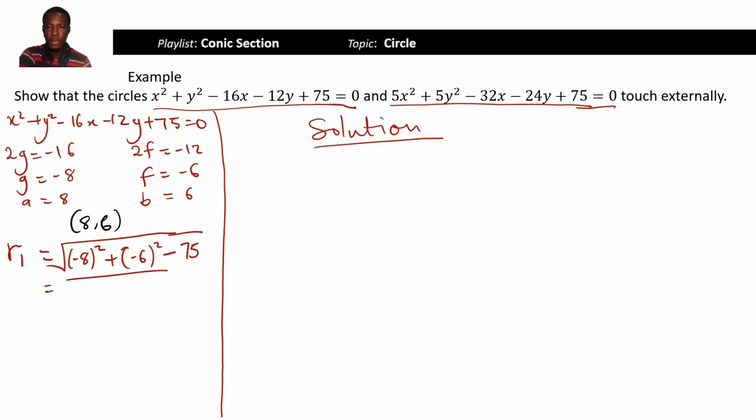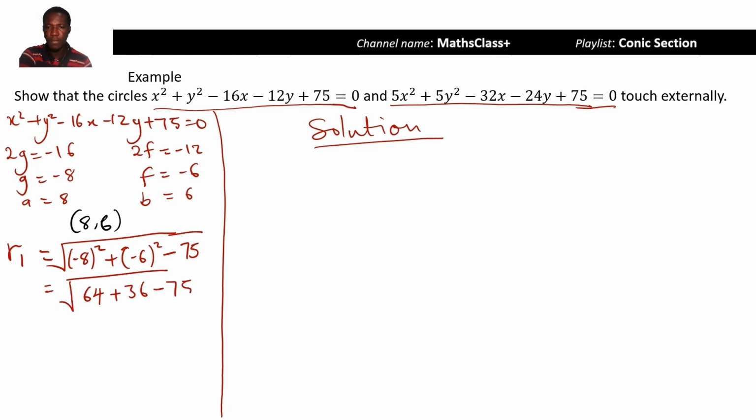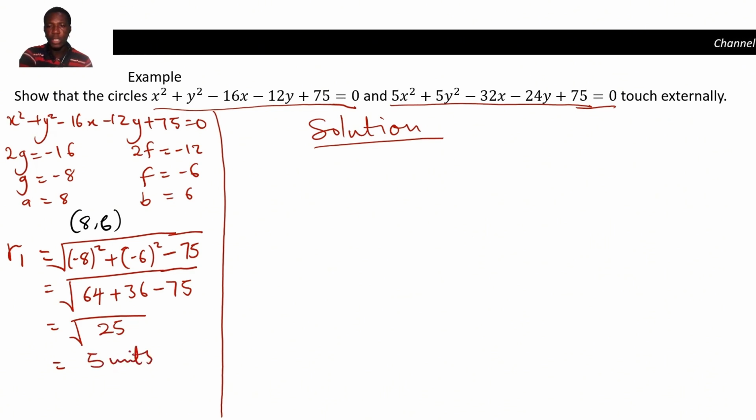That will give us 8 squared is 64, and then 6 squared is 36, minus 75. So 100 minus 75 is 25, and our radius is 5 units. So that's the radius of the first circle.